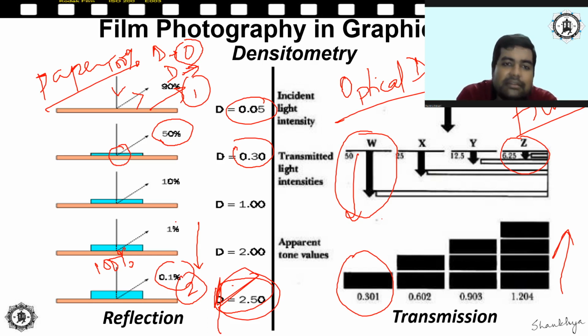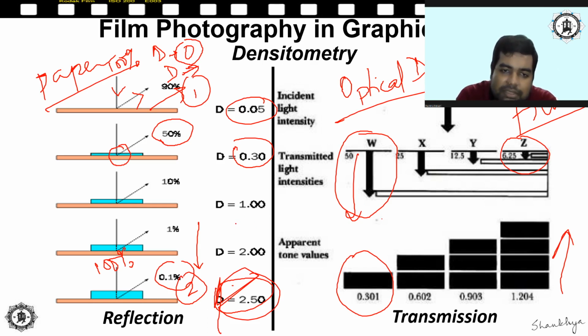There is another important thing that I would like to highlight here, which is that the transmission has decreased by a factor of 10 for each additional layer. In this image on the right, you see this area is silver deposition. In the film we have silver deposition or metal deposition.